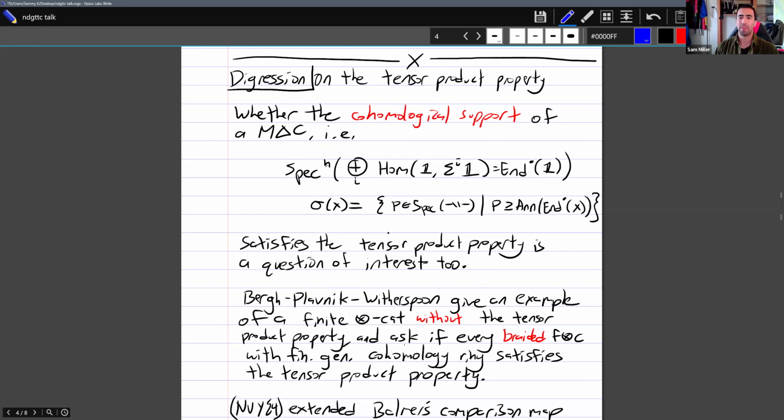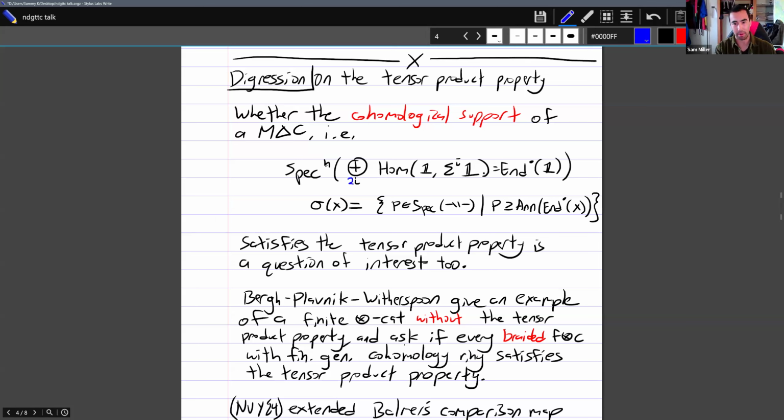So whether this cohomological support of a monoidal triangulated category, i.e., we can either take the homogeneous spectrum or proj. So we run over all integers i, or all positive or non-negative integers i, and we take the Homs in our category from the tensor unit to a shift of the tensor unit. So we'll just denote it by n dot of 1, although usually we only take the even parts, so this might actually be 2i.